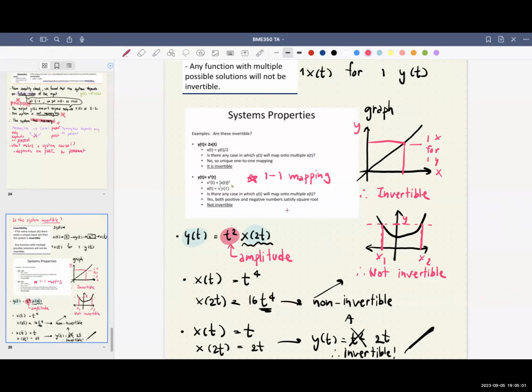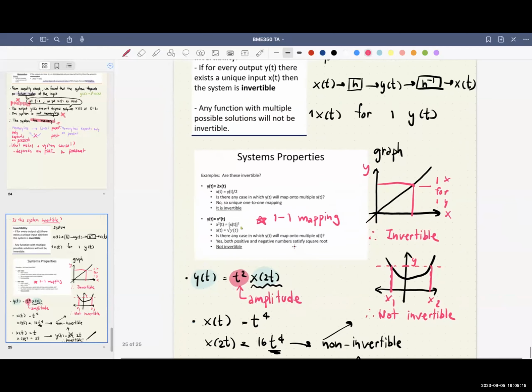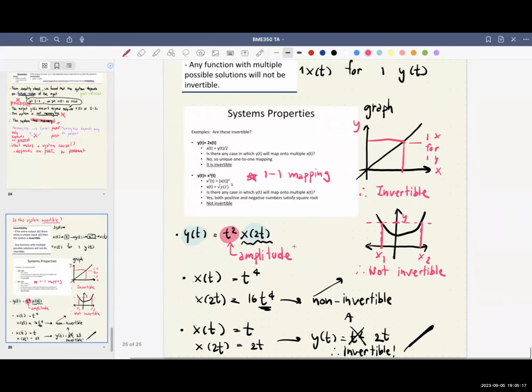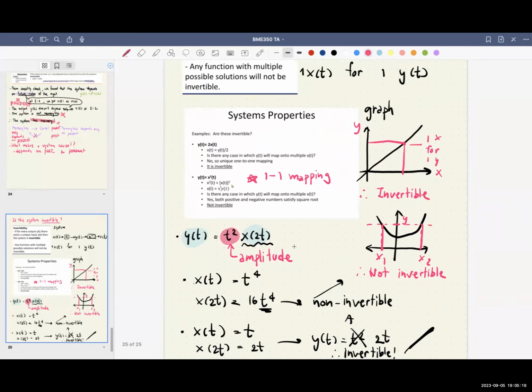You can go back and say x(2t) is y(t) divided by t squared. And then x(t), going from 2t to t, you're halving the t, so it would be 4 over t squared times y(t/2).